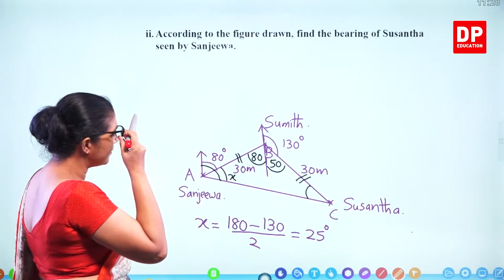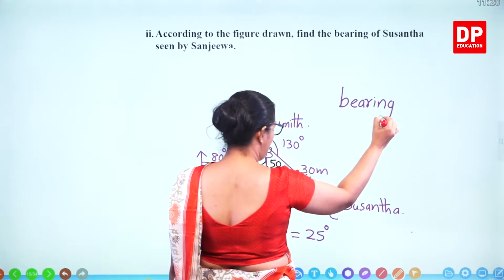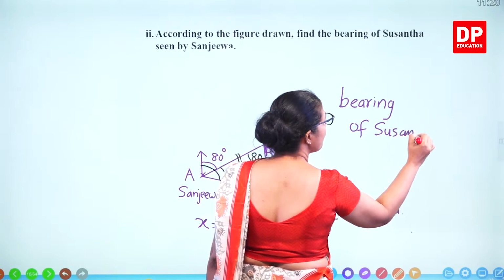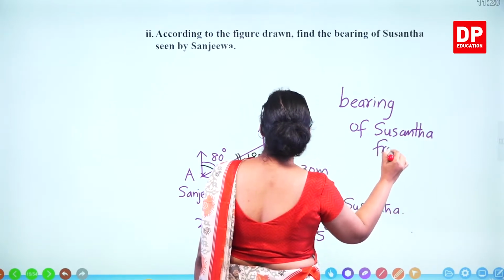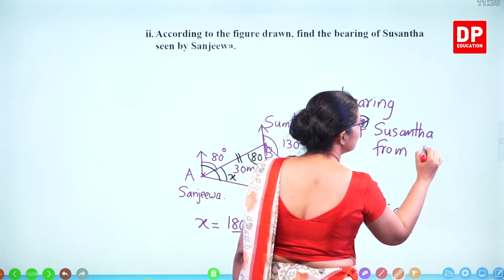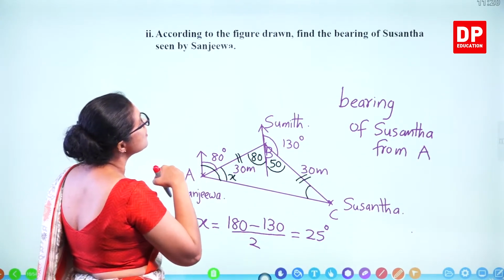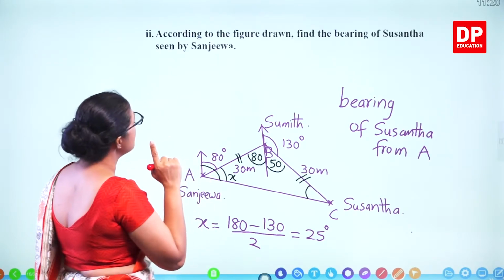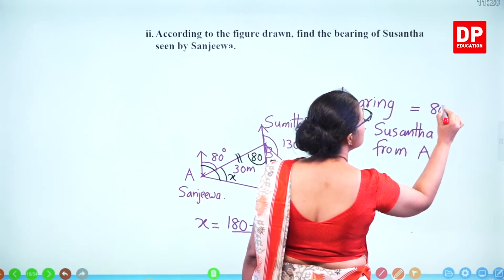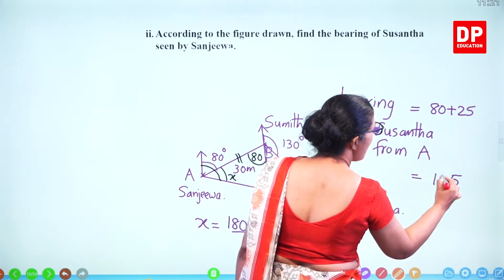So what's the bearing? So you can write down bearing of Susantha from the point A. That means Sanjeeva's place. So seen by Sanjeeva is that bearing 80 plus 25. 80 plus 25, that's equal to 105 degrees.